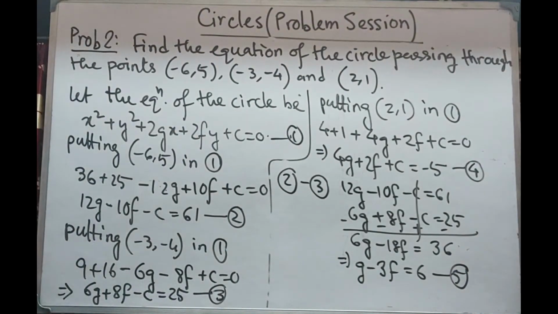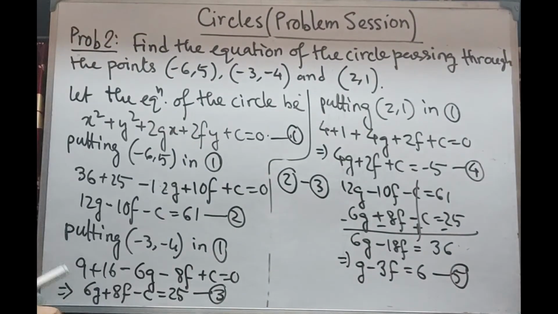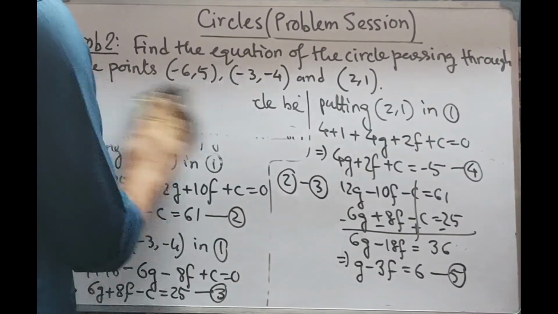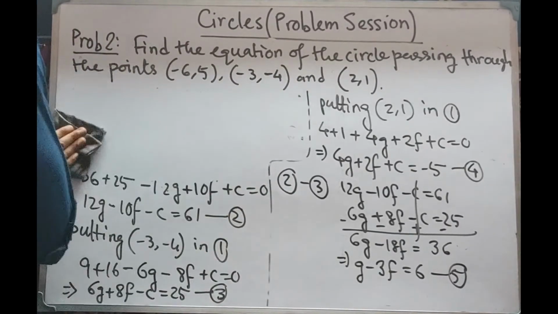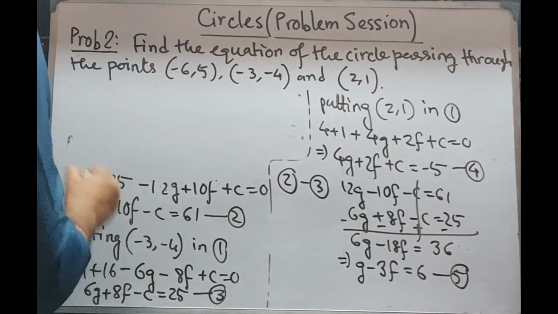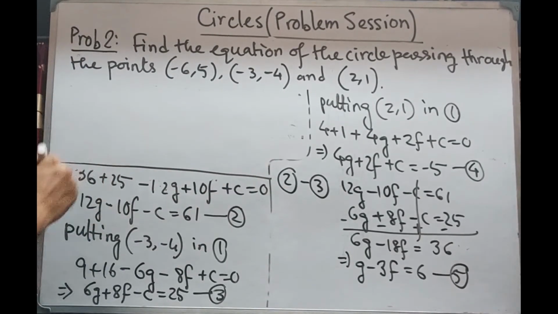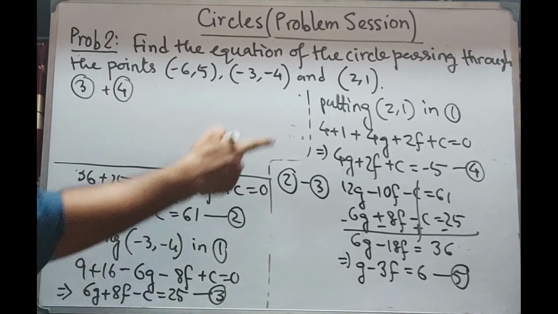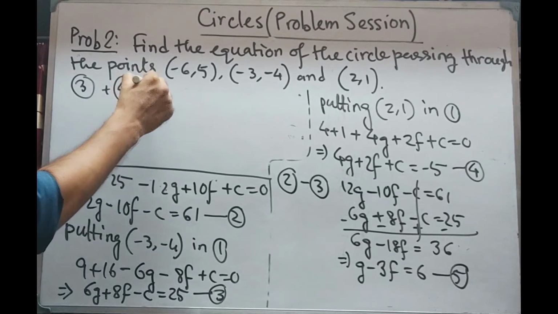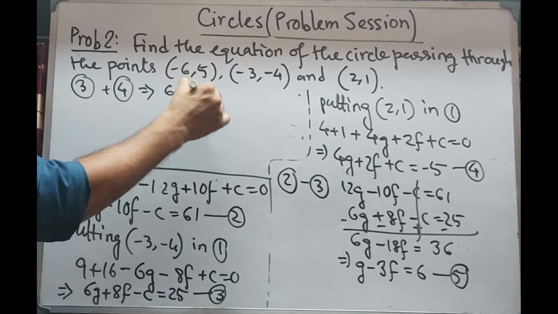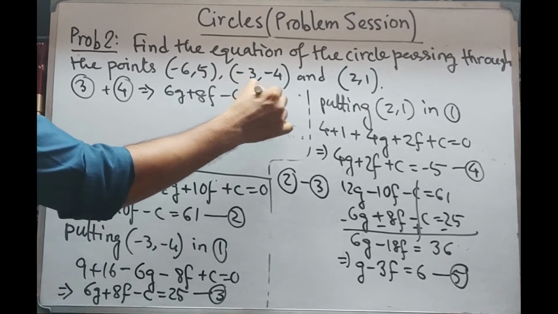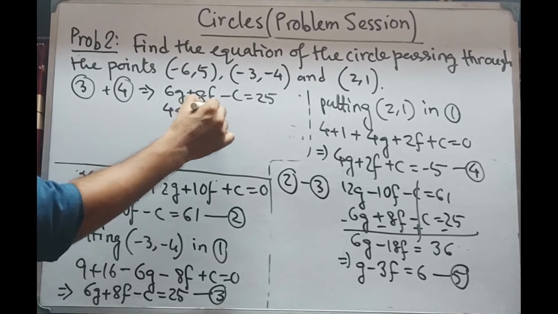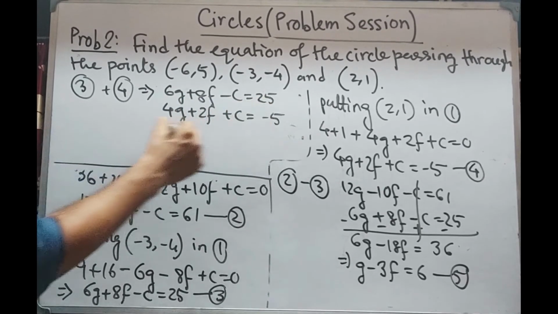And in the same way, if we solve 3 and 4 also, then we are getting another relation with g and f. So let us see that. I am taking 3 plus 4 because it's minus c here and plus c here. So 6g plus 8f minus c equal to 25 and 4g plus 2f plus c equals to minus 5.